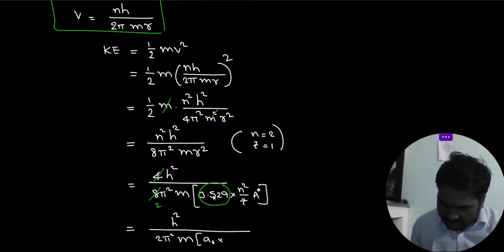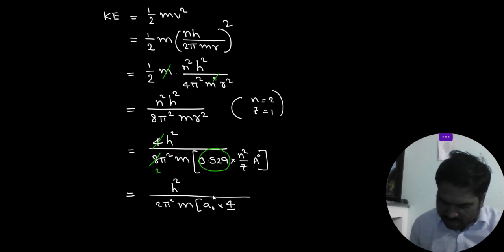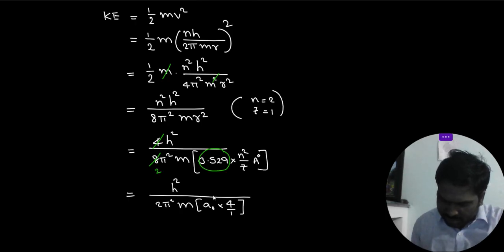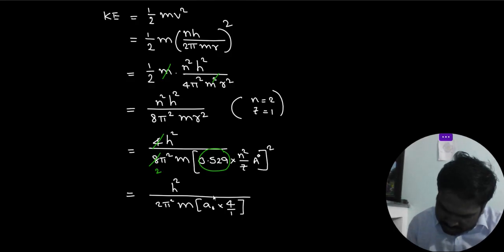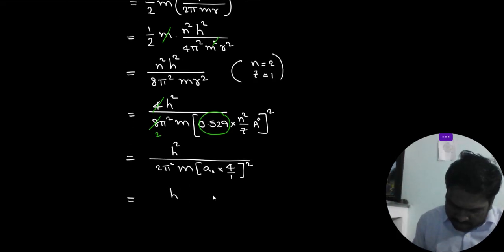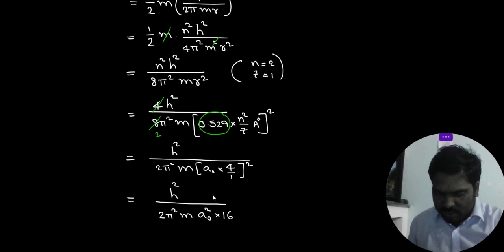The n value for the second orbit is 2 and for hydrogen atom Z is 1. It is n square by Z, so square is there. So now we can write h square by 2 pi square m, a naught square, into 4, 4 into 4 is 16. So this is the value.